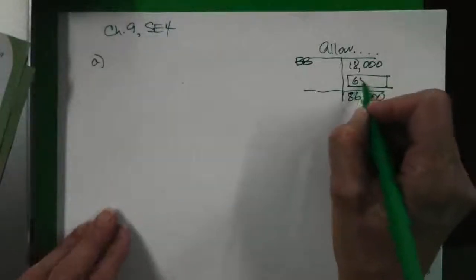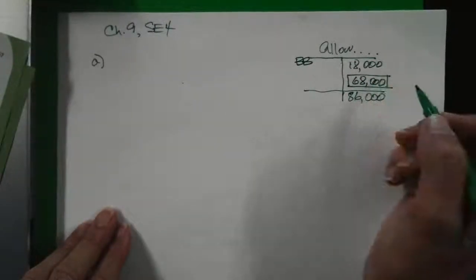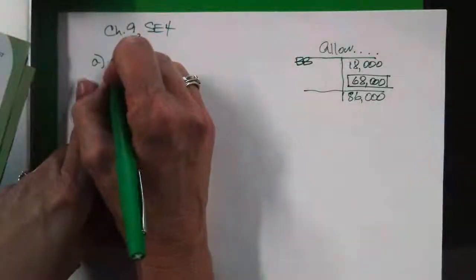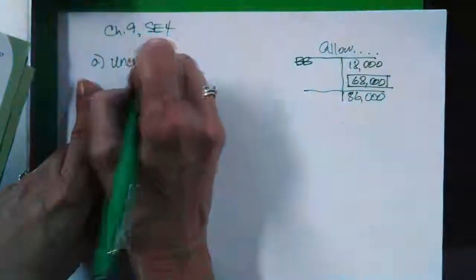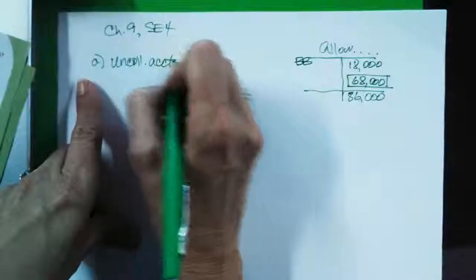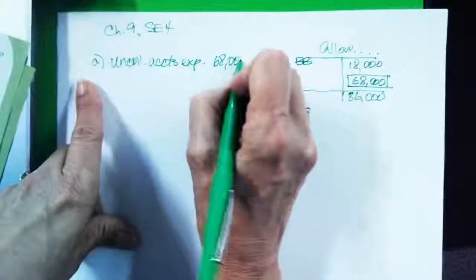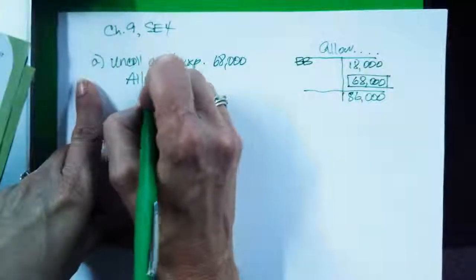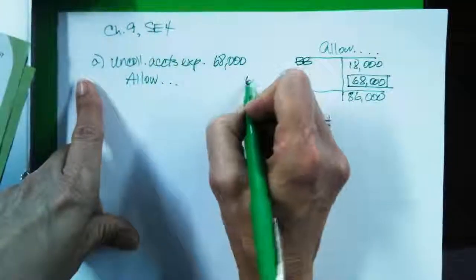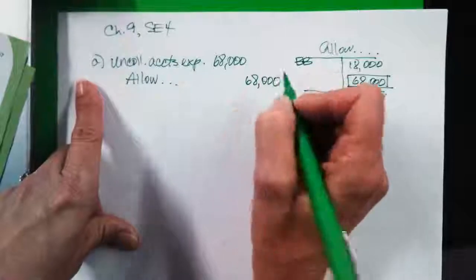Okay, see, it takes $68,000 to get my account where I need it to be. So I'm going to debit uncollectible accounts expense for $68,000 and credit the allowance for uncollectible accounts for $68,000.